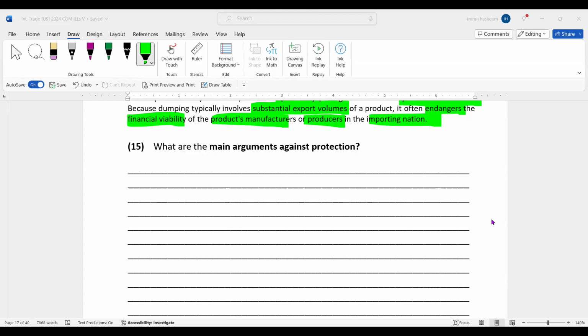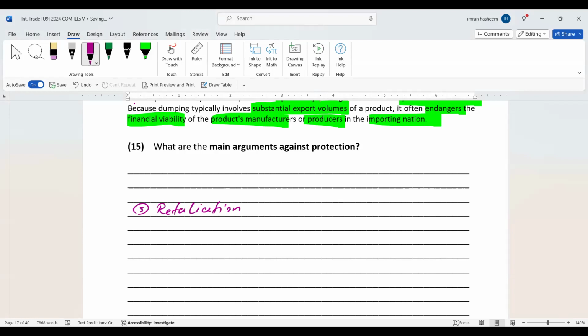Third point, please write: retaliation. So what does retaliation mean?